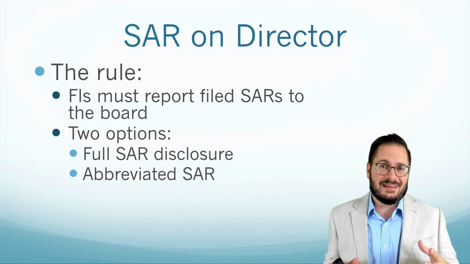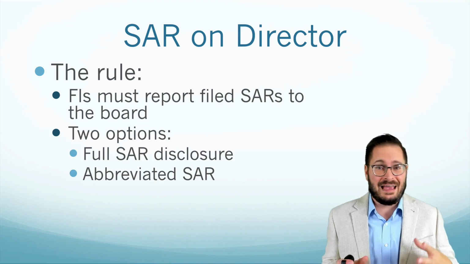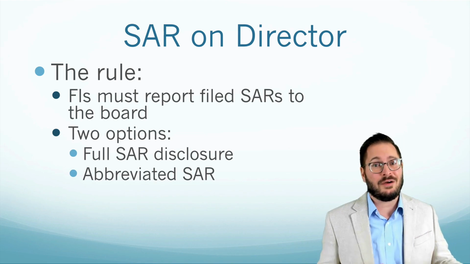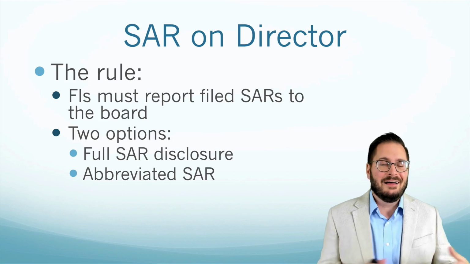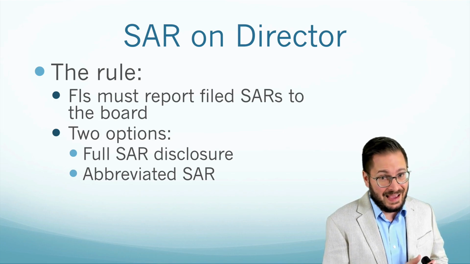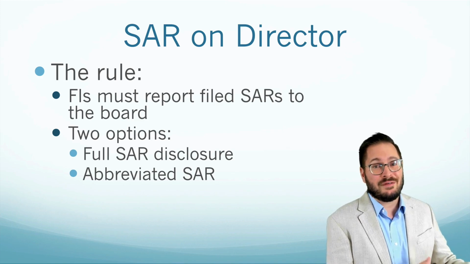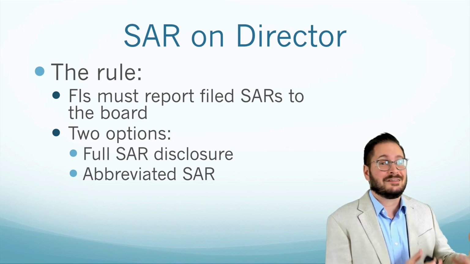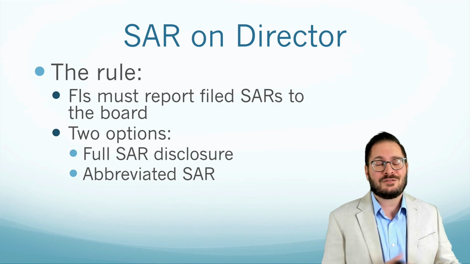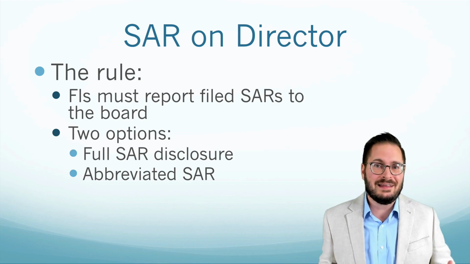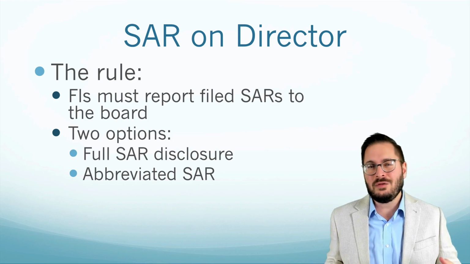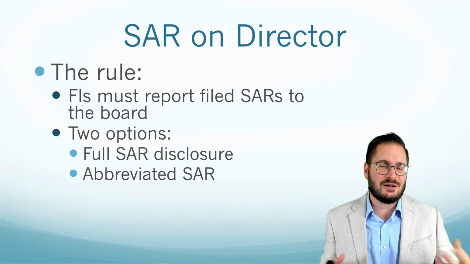For this reason, as well as the fact that the more hands you have in a cookie jar, the more problems you potentially have, meaning the more directors who know who SARs have been filed on, the more likely it is to leak that information, I always recommend that financial institutions only report basic information about the SAR.